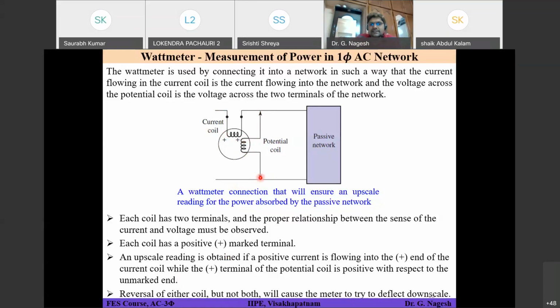If you connect in this fashion only, some positive current will be flowing into your network, and there will be a deflection seen on your wattmeter. That means power is getting consumed by your passive network if you connect in this fashion. Then only the wattmeter understands that some positive power is there, and it will give you deflection.